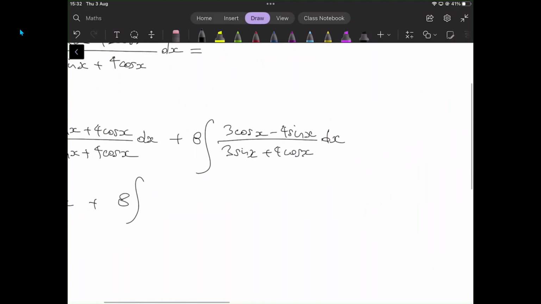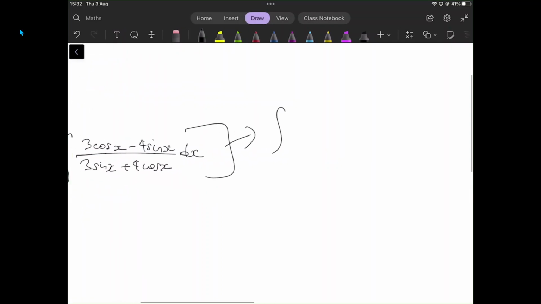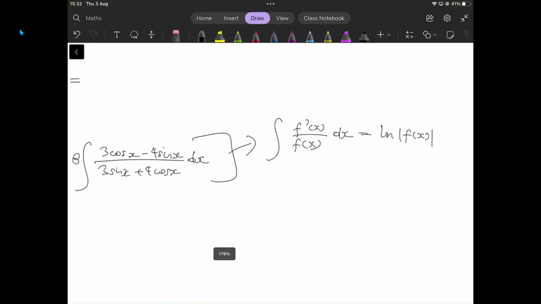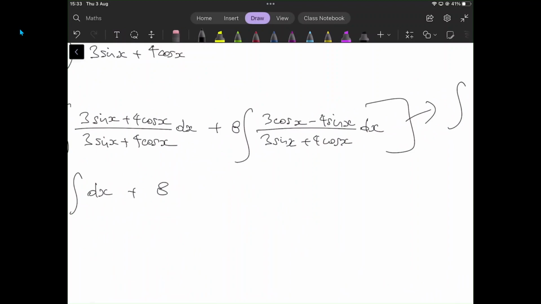Then of course you could do a u substitution, or the best way to think about this is that the integral of the derivative of some function over that function is just equal to natural log of the original function plus our constant. So in other words, this is just b lots of natural log of the denominator. Technically we need absolute values instead of brackets, but yeah, there we are.